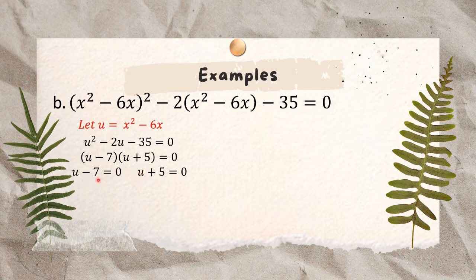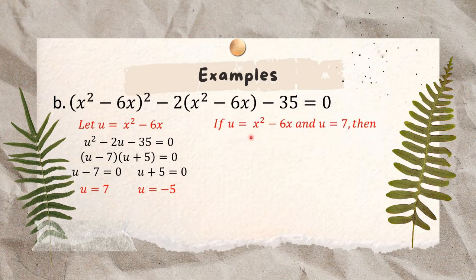We have u minus 7 is equal to 0 and u plus 5 is equal to 0. Then, the value of u here will become positive 7 since negative 7 going to the right will become positive. Then, u plus 5 is equal to 0. The value of u here will become negative 5.